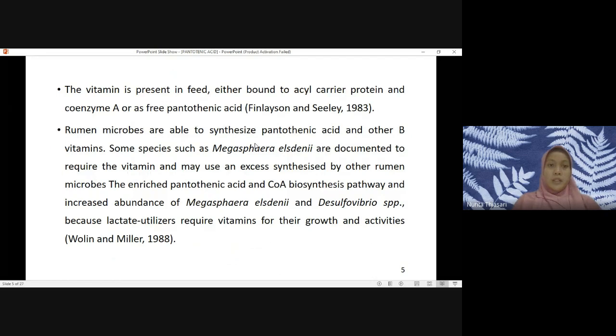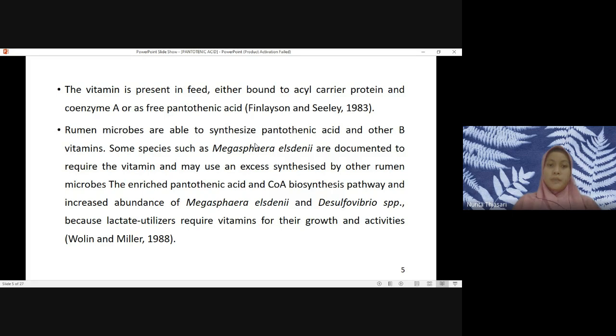The vitamin is present in feed, either bound to acyl carrier protein and coenzyme A or as free pantothenic acid. Rumen microbes are able to synthesize pantothenic acid and other B vitamins. Some species, such as Megasphaera elsdenii, are documented to require the vitamin and may use an excess synthesized by other rumen microbes.